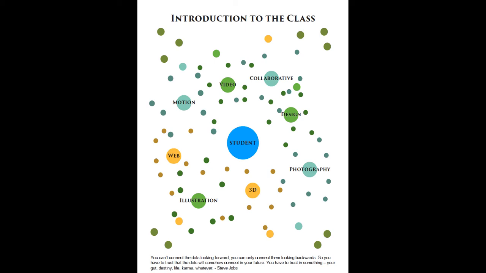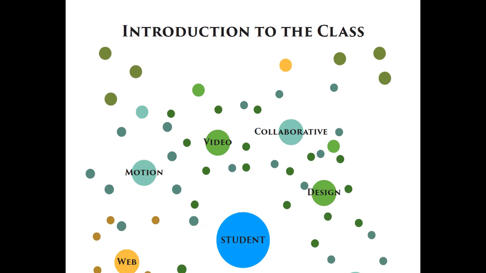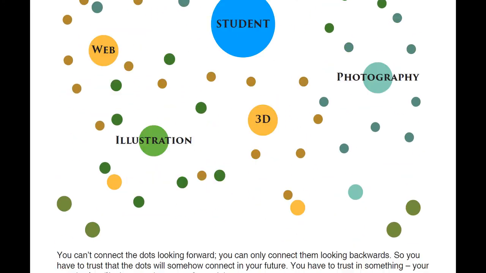So even though this class is for motion design and animation, you may find things in this class that apply to other areas, and you may find other areas that apply to this class. So things like 3D or your drawing skills or your Photoshop or your After Effects, your Illustrator, all those skills play a big role in your success not only in this class but as a student altogether.